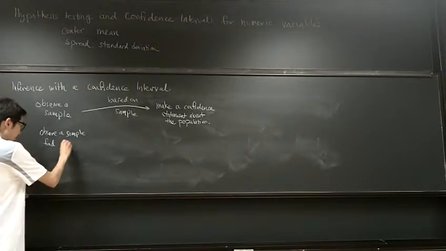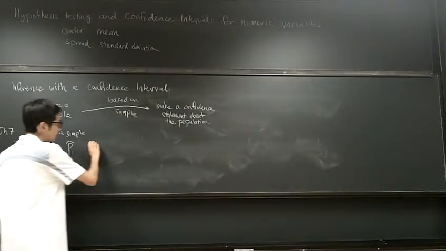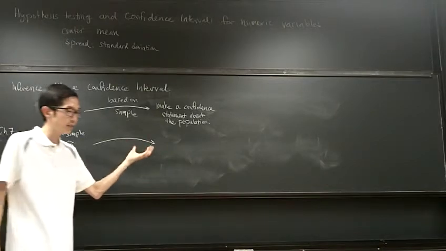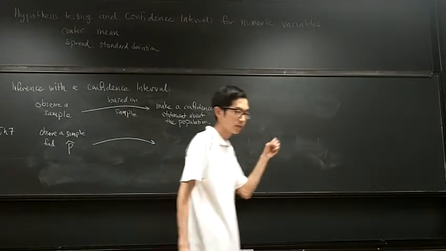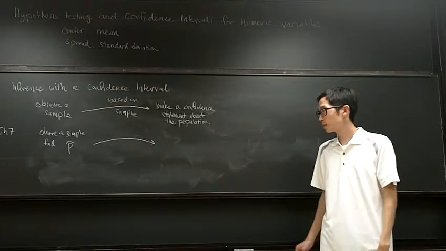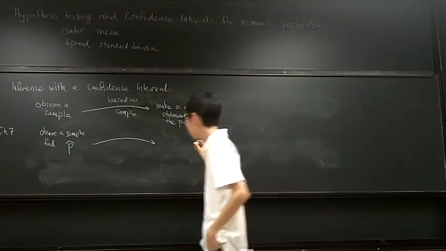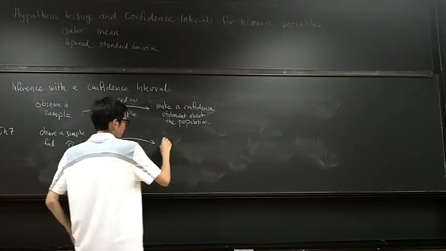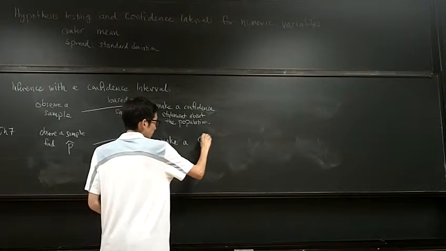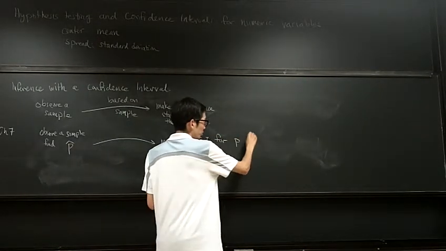P-hat, good, okay? And based on this sample, we make a confidence interval, and the confidence interval is about what? It's not about p-hat, but it's about p, the proportion in the population, okay? So make a confidence interval, or CI, for p, population proportion.